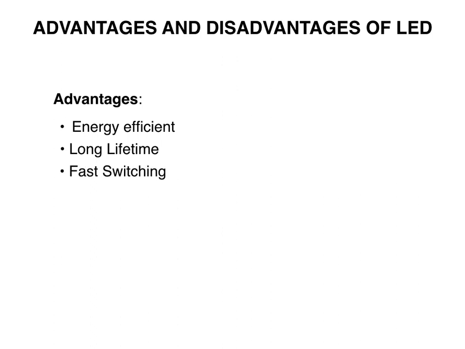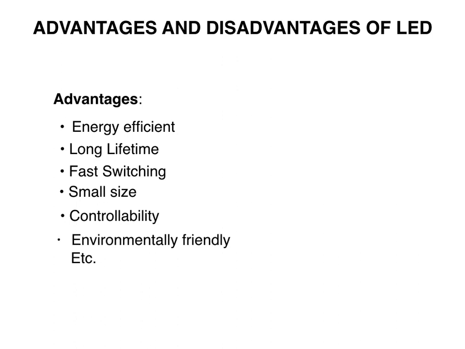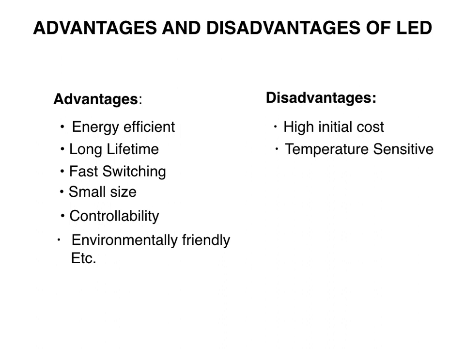Next advantage is that it is operated in fast switching applications, and the other advantages are small size, better controllability, which means brightness of the light, and also environmental friendly. It contains no mercury or other toxic substance. So these are some advantages of LED. Also it has some disadvantages like high initial cost, temperature sensitivity, voltage sensitivity, etc.